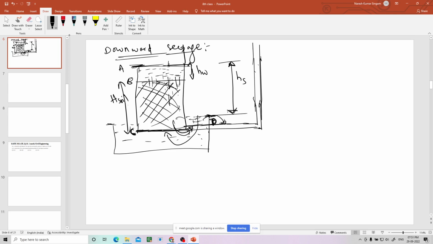See, the container is open here, means whenever water is flowing from here to here, it will flow down. It can't go beyond, because container height is up to here only, up to D. This is the D point.